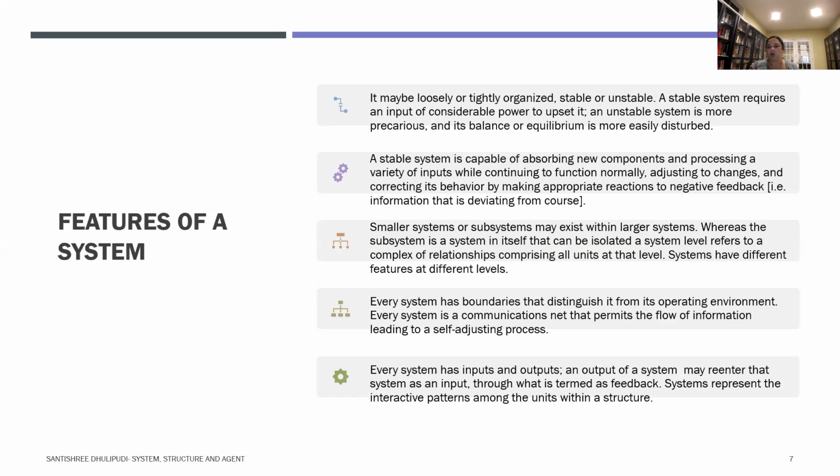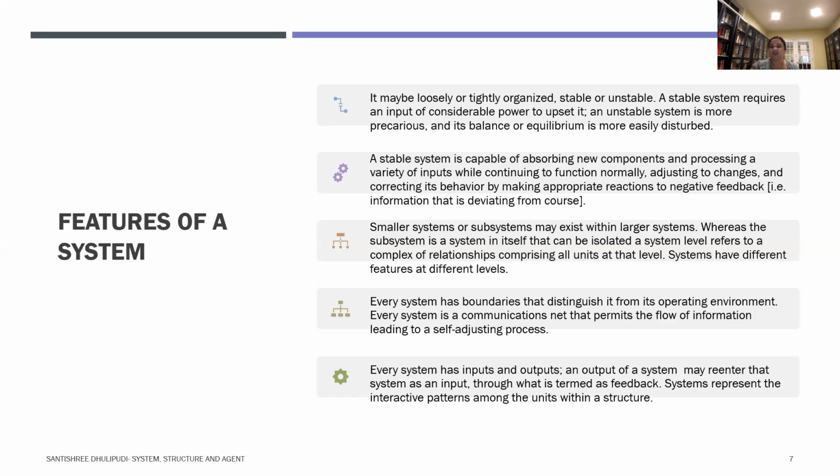Every system has boundaries that distinguish it from its operating environment. Every system is a communications net that permits the flow of information, leading to a self-adjusting process. Every system has inputs and outputs. An output of a system may re-enter that system as an input, through what is termed feedback.